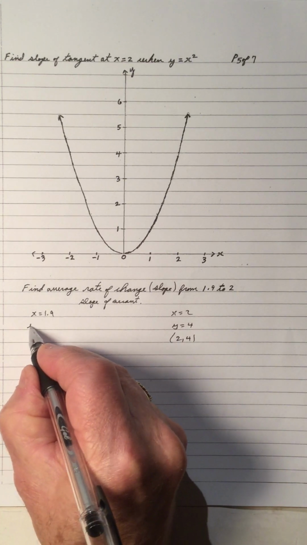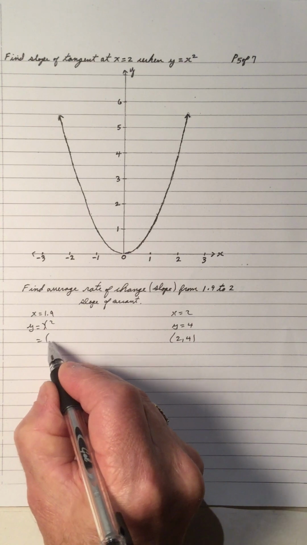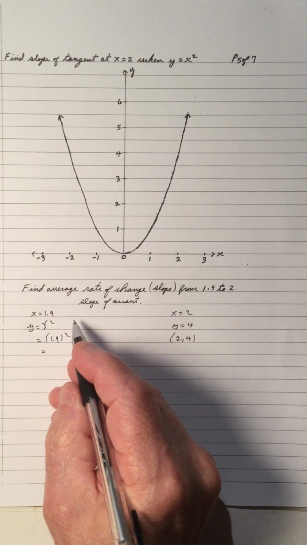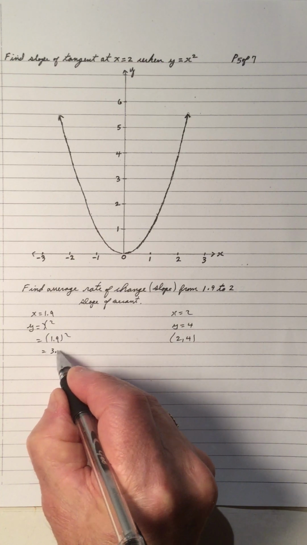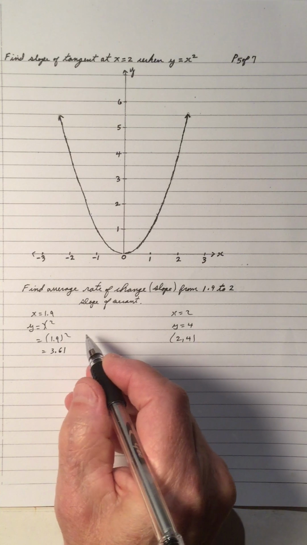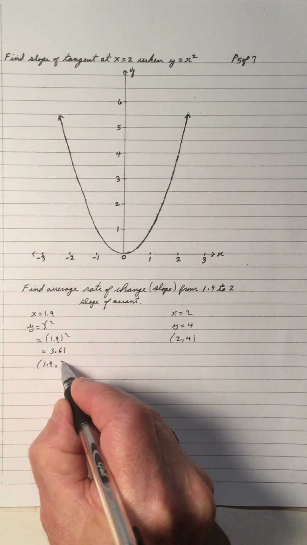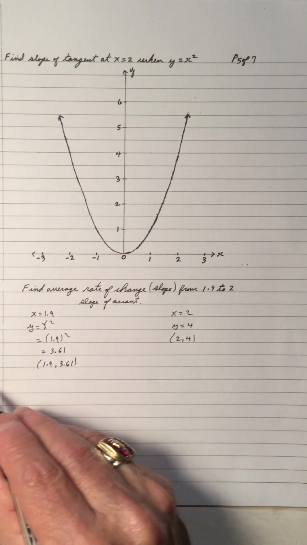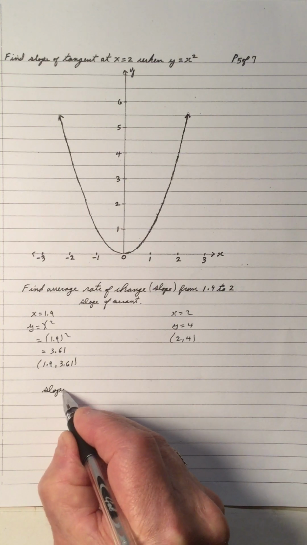Now y equals x squared, so it's 1.9 squared, and 1.9 squared is 3.61. So that point is 1.9, 3.61. Again, you use your calculator to square this. And we have to get the slope of the secant between these 2 points.